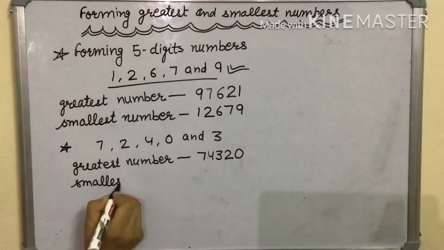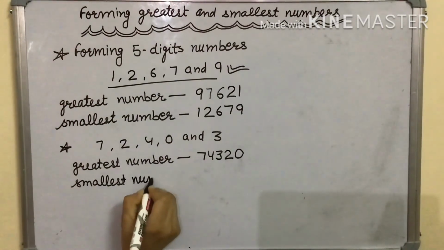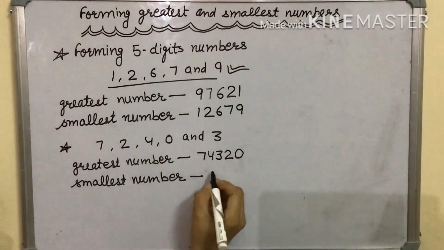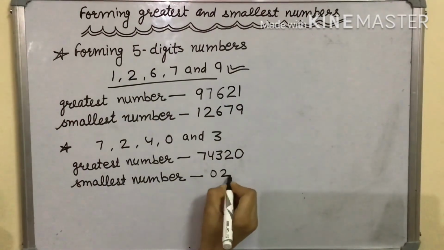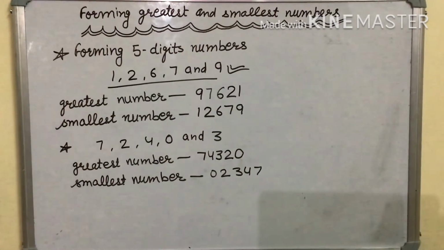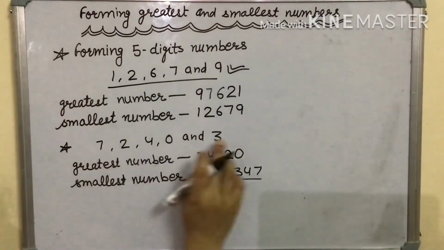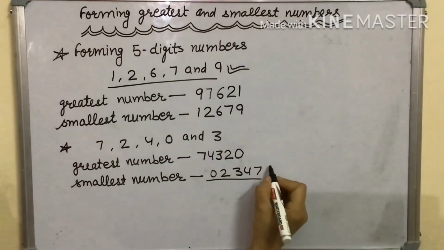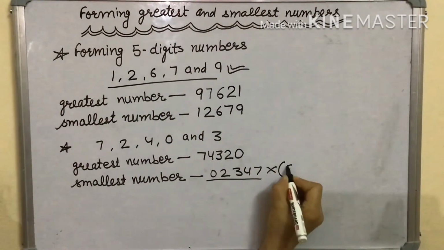The smallest number will be 0, 2, 3, 4, 7. You can arrange the digits like this in ascending order, but this is not a 5 digit number.